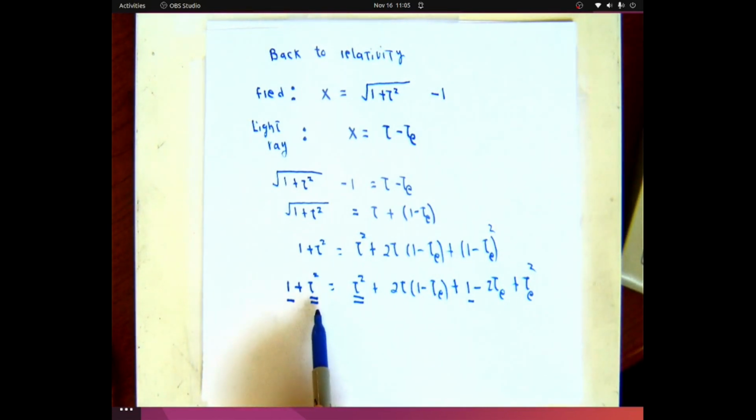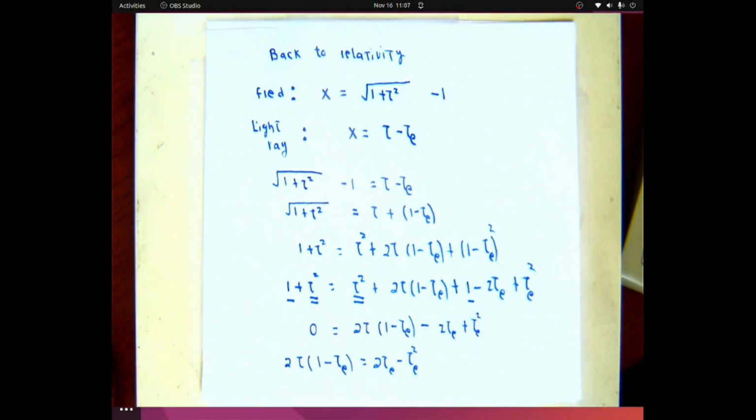Also, there is a t squared term on both sides, so we will subtract t squared away and cancel them out. Rearranging a little bit, 2 times the number that I'm looking for times 1 minus the time of photon emission needs to equal 2 times the time of emission minus the square of the time of emission.